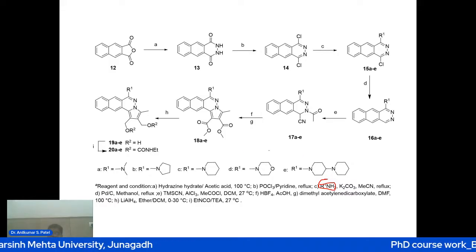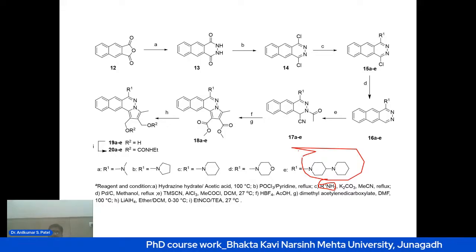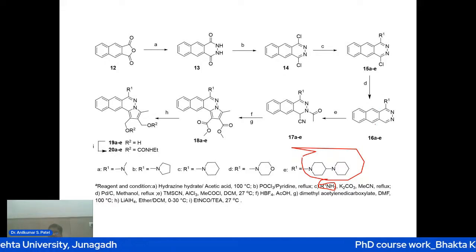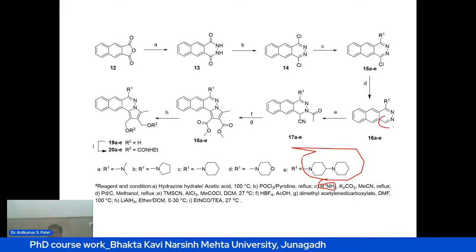So we prepared the monochloro compound. Then this chlorine in the 16A compound is replaced by treating with palladium carbon and methanol under reflux conditions. So this becomes similar to the earlier class of compounds.